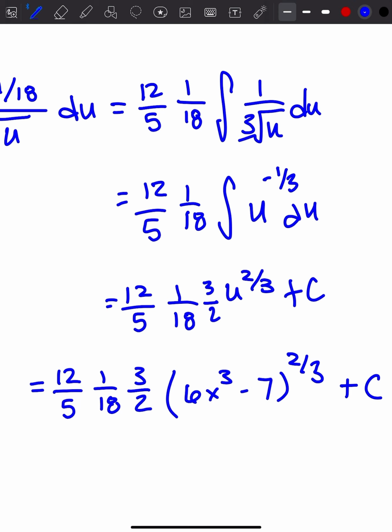So looking at this, I'm going to see things that kind of cancel each other out. If I look here, 12, I can make it 12 divided by 2. I can make it 3 over 18 and 1/5. So I'm going to move these around. I probably wouldn't write this out, but we're going to right now. So I have 12 over 2. I have 1 over 5, and I have 3 over 18.